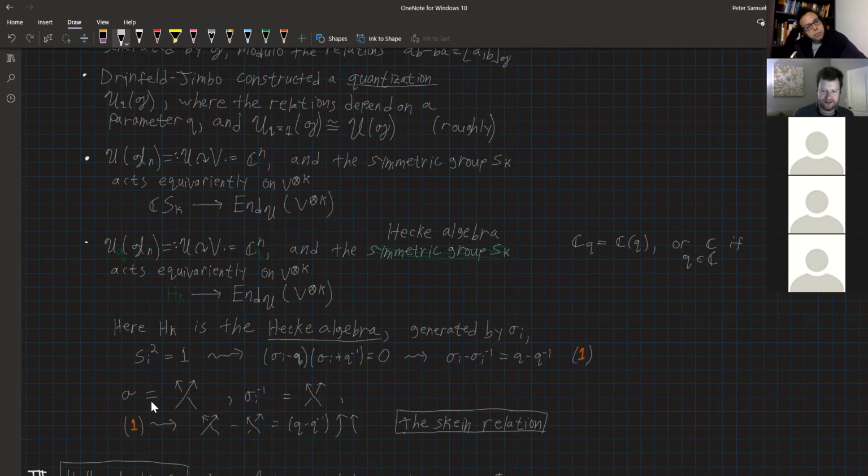If you represent these generators of the Hecke algebra by braids, by drawings like this, maybe I should make a remark. In these pictures, I'm really representing the Hecke algebra as a quotient of the group algebra of the braid group.